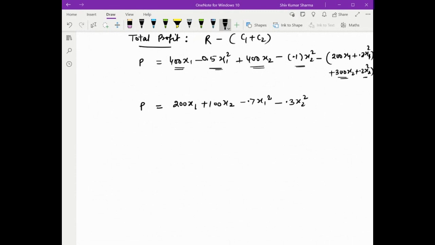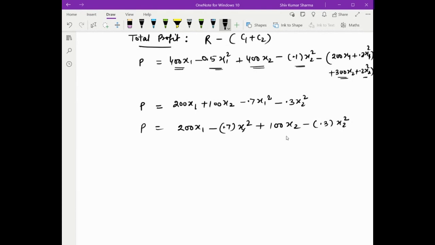So we write the P in this form, and 100 X2 minus 0.3 X2 square. So this is the objective function. That means profit is the objective function.